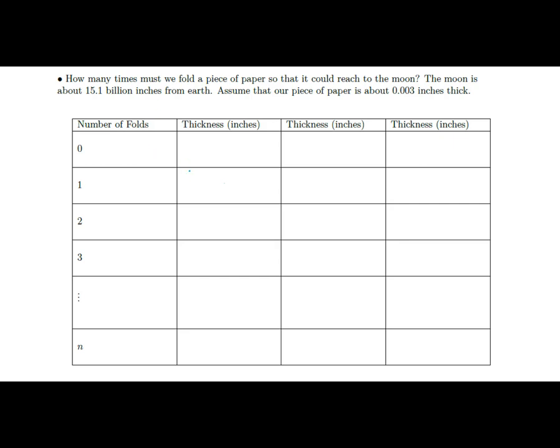So let's start with if we hadn't folded it at all, we would of course just have the thickness of the piece of paper, right? So it'd be 0.003 of an inch thick. If I folded it once, of course, it would double in thickness.